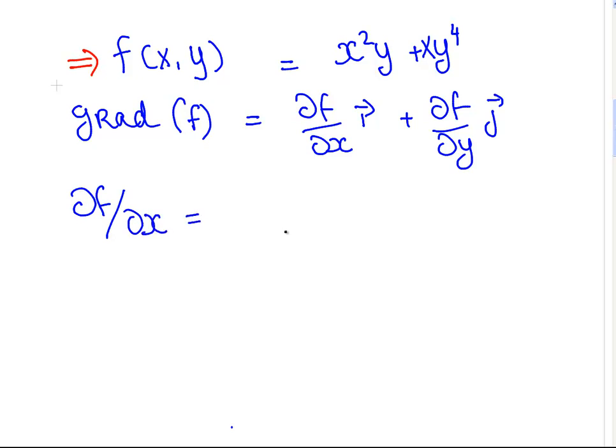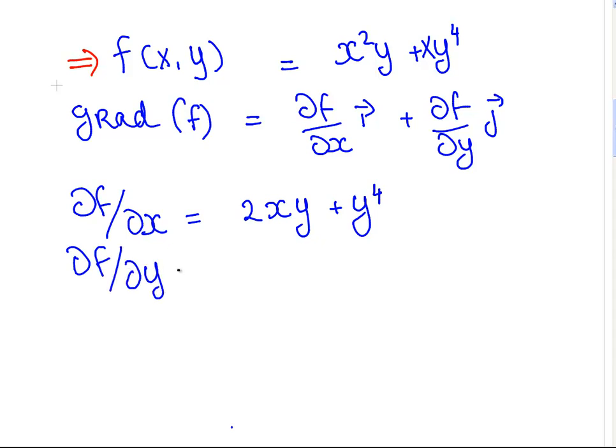The partial derivative of f with respect to x is 2xy plus y to the power of 4. The partial derivative with respect to y is simply x squared plus 4 times x y cubed.